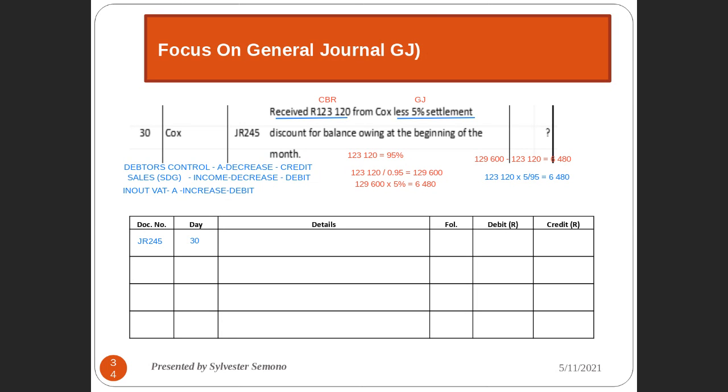Sales, and then we also have to debit what? Remember the ones which are debited, we must put them first. And obviously we must credit. Can you see now?